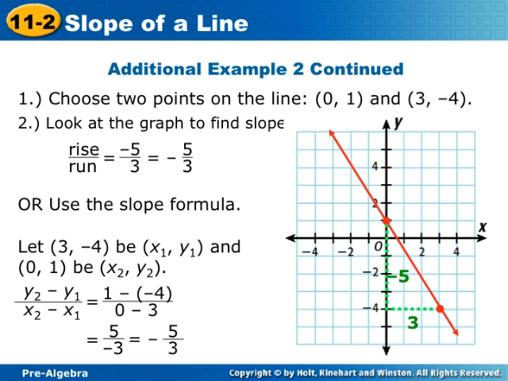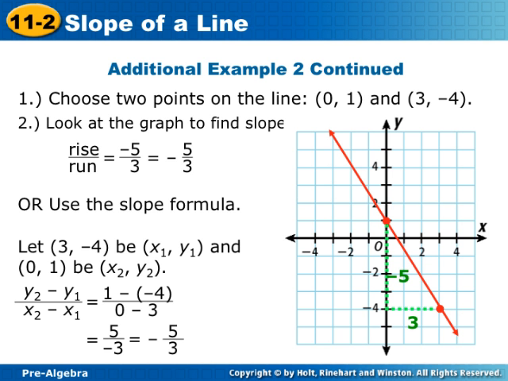The next step would be to look at the graph to find the slope. I'm going to start at (0, 1), and since slope is rise over run, I first want to see how many units I need to go up or down. If I start at (0, 1), I need to go down to get to (3, -4). If I count how many units I go down, I need to go down 5 units.